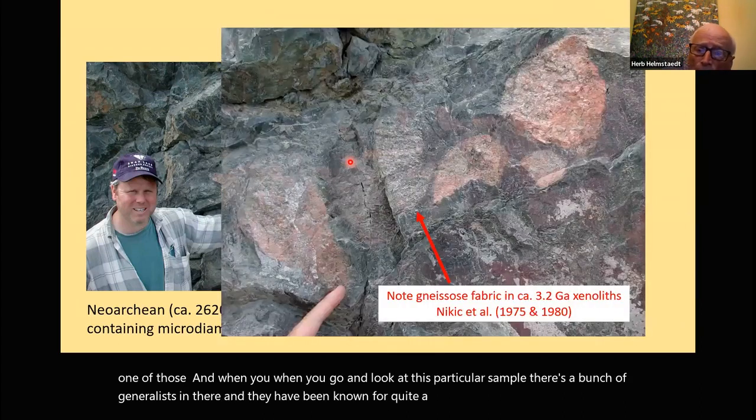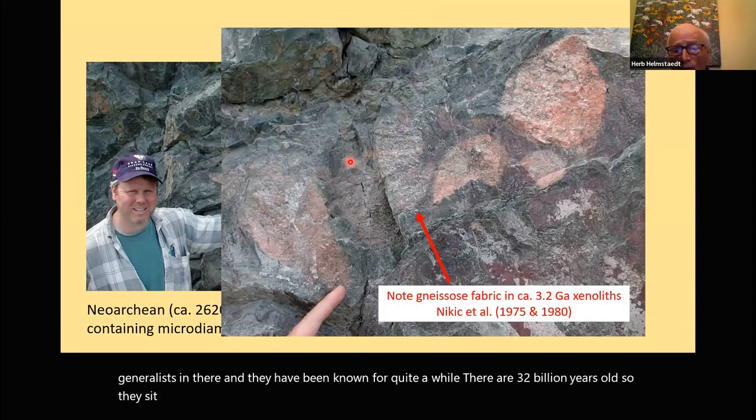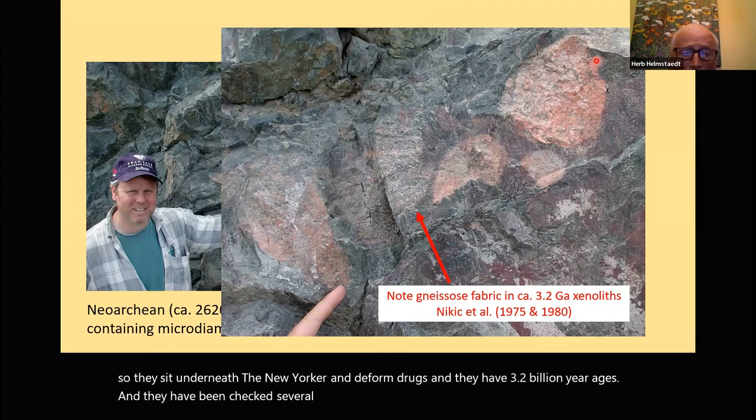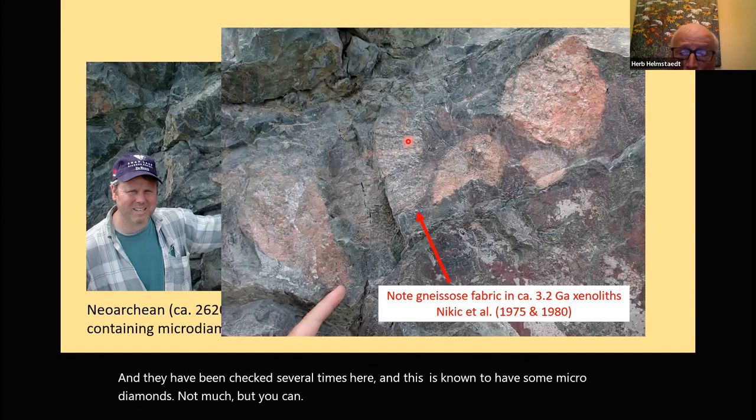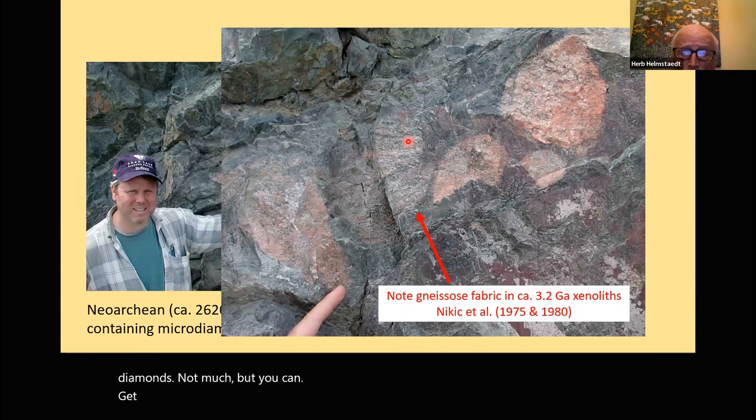They are 3.2 billion years old, so they sit underneath the Neo-Archean deformed rocks, and they have been checked several times. And this dike is known to have some microdiamonds. Not much, but you can get consistently microdiamonds out of it.